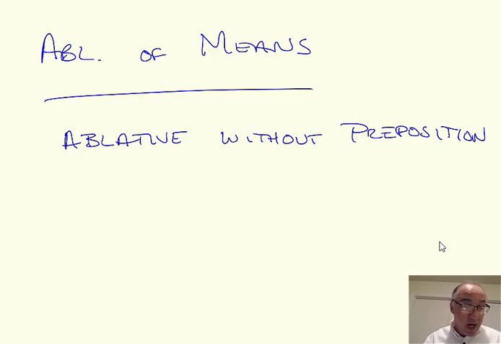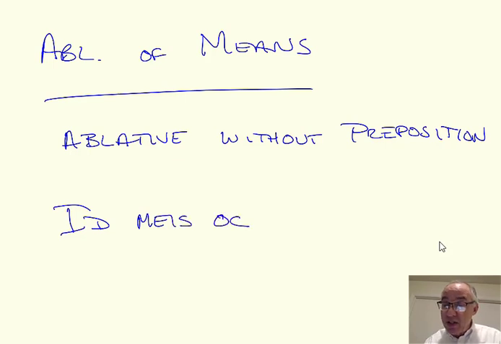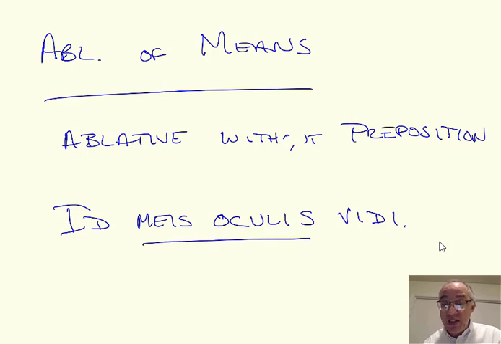In the book, he wrote the letter with a pencil. I saw it with my own eyes. Id vidi meis oculis. I saw it by means of my own eyes. And so notice that meis oculis here.